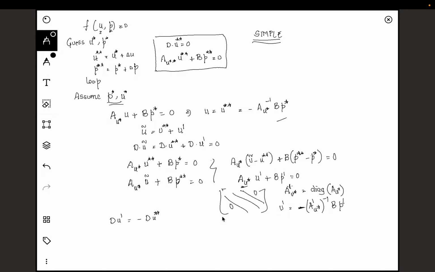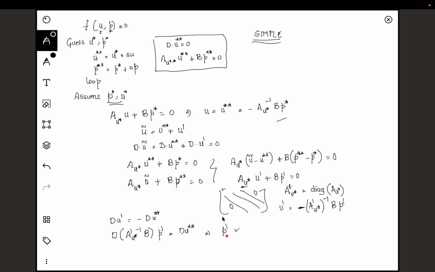I can substitute this into this one, and U prime is also known to me. So I can write this as d times A prime U star inverse B P prime equals d U double star. So all I have to do is do an inversion again here. So this is again another equation that we'll be solving, from which I can obtain P prime.